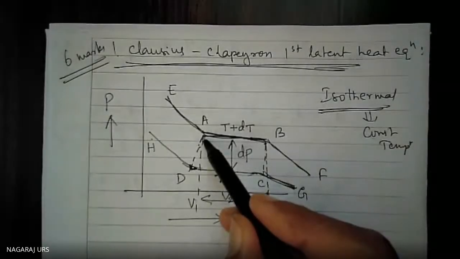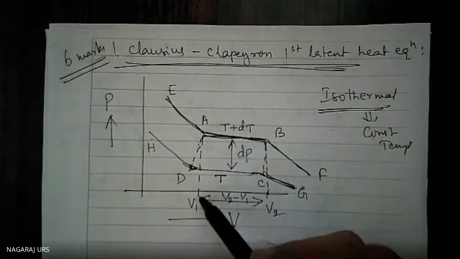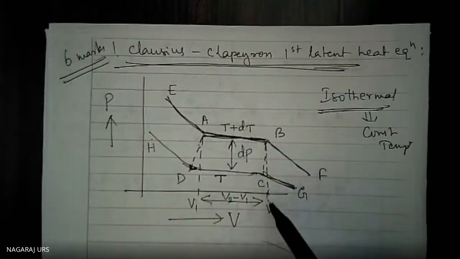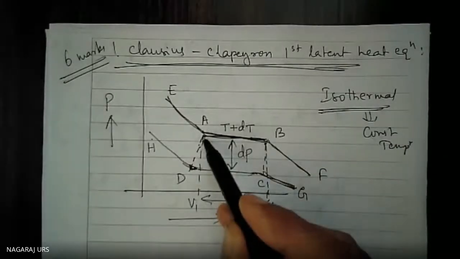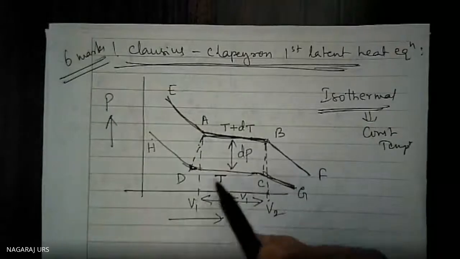I have drawn a perpendicular line from here to the volume axis, V1 from point B, and another perpendicular line to the volume axis, that is V2.